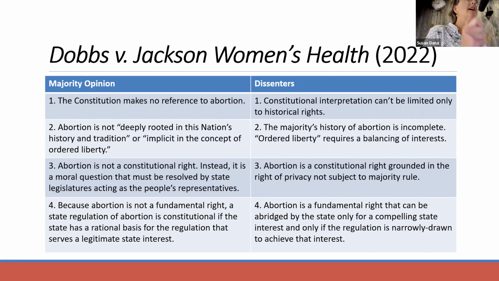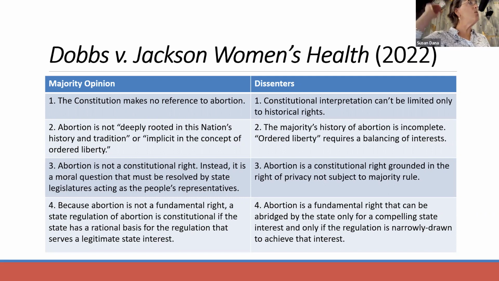And because they say abortion is a fundamental right, it should only be regulated if the state has a compelling state interest. And this, for the lawyers, how many lawyers do we have in the audience? None. Okay. So this compelling state interest, this is a term of art that means that it's the highest level of scrutiny.